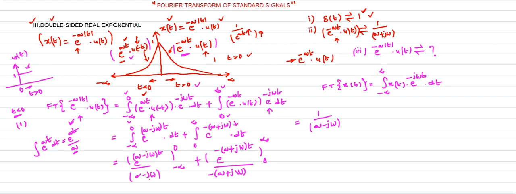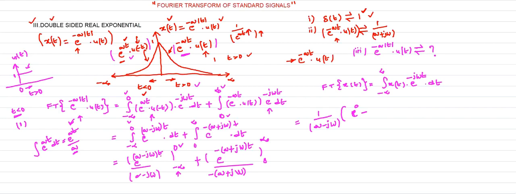So 1 by a minus j omega is getting outside, and you just substitute the upper limit first. The upper limit here is 0, so instead of t you substitute 0. So e power 0 becomes 1, minus, then substitute the lower limit, which is minus infinity.